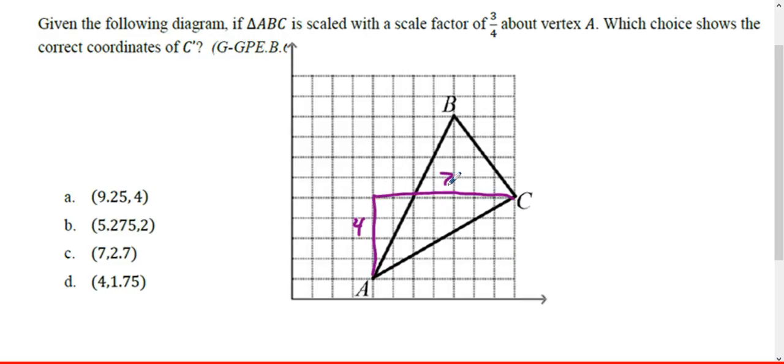We want 3/4 of that. So 3/4 of that increase of 4 would be 3. 3/4 times 4. And 3/4 times 7 is about 5.25.